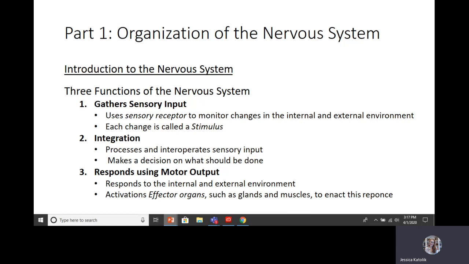Then the third function is response using motor output. Once our brain and spinal cord make a decision on what to do, it's going to send out motor information to effector organs. Effector organs are going to be glands and muscles that can enact a response in our environment.